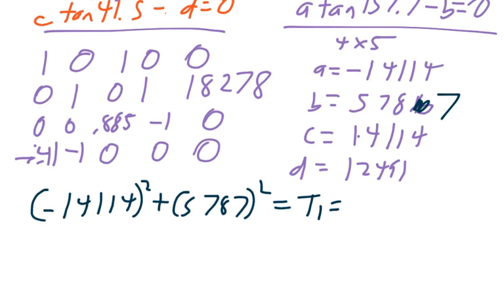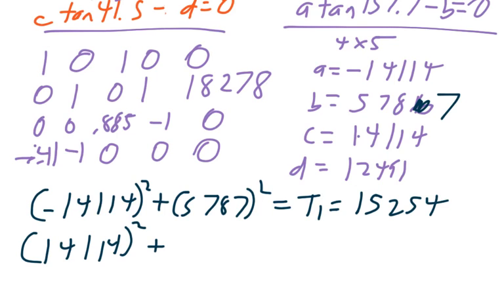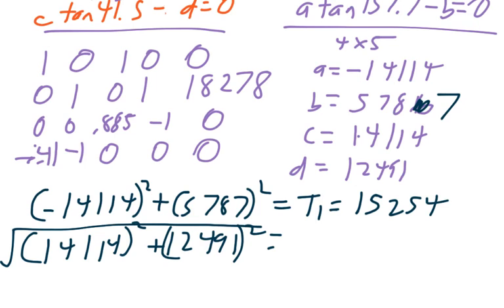So T1 is 15,254. And the next one has 14,114 squared plus 12,491 squared. And when we take the square root, I forgot to put the square root on that, that's going to give me T2.